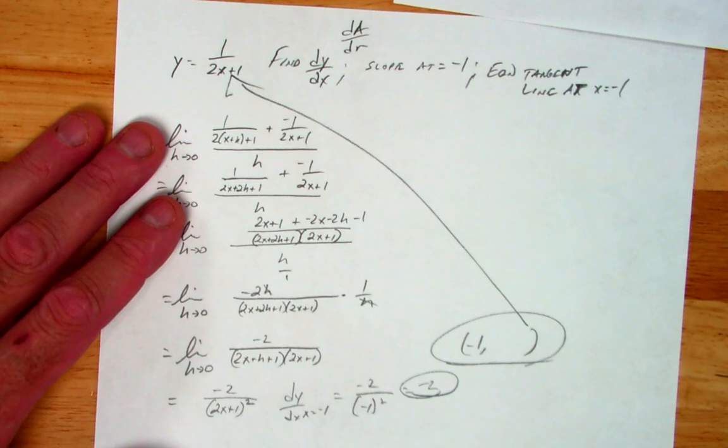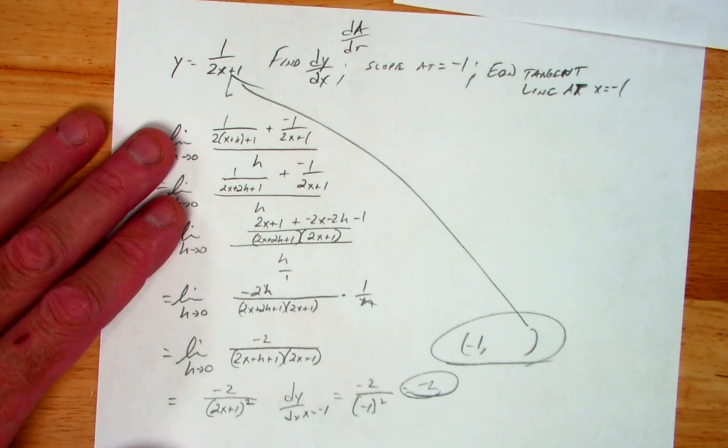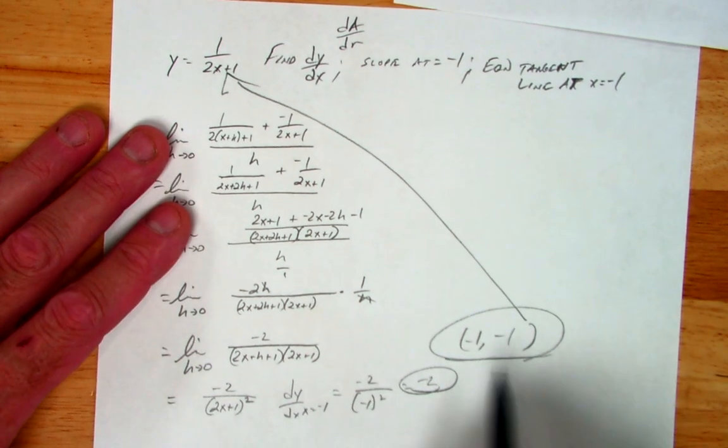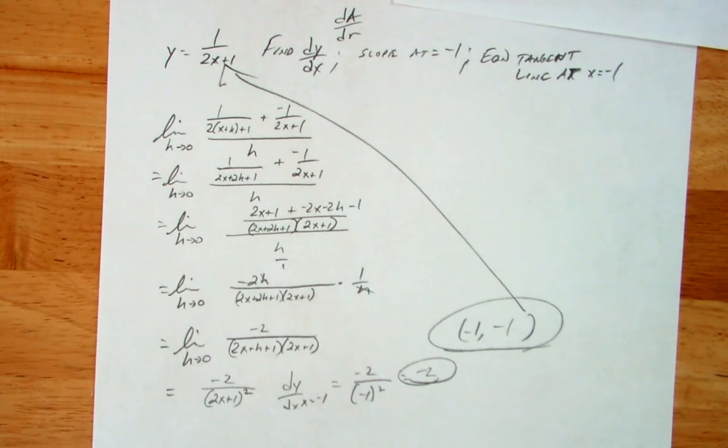It's -1. So now I need to write the equation for the line here.